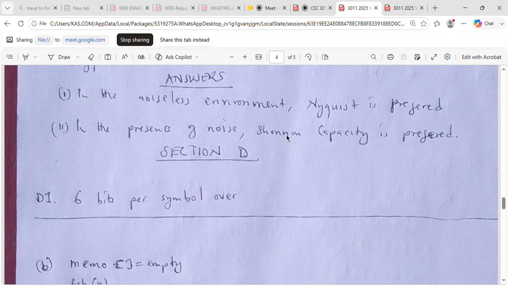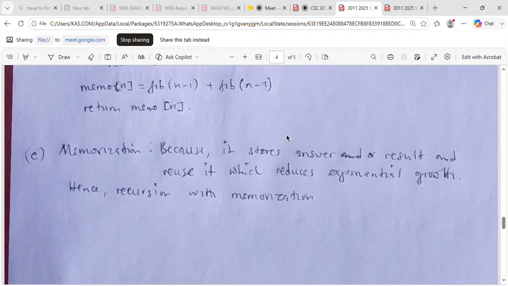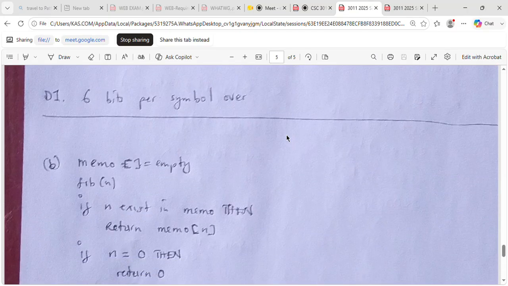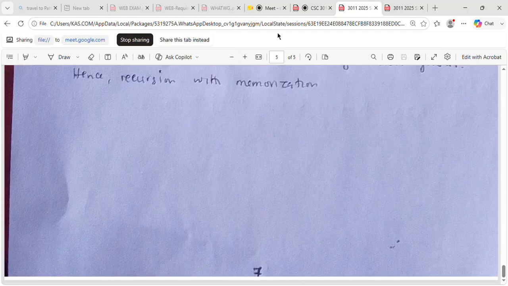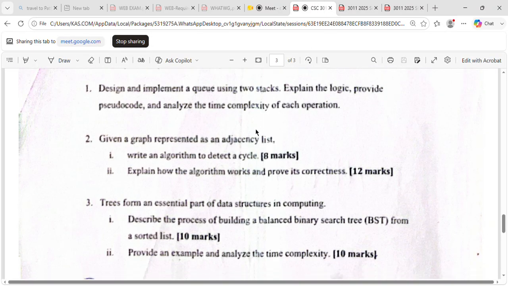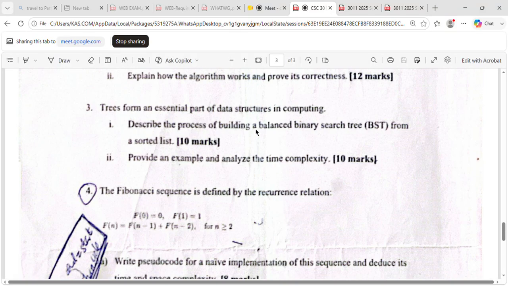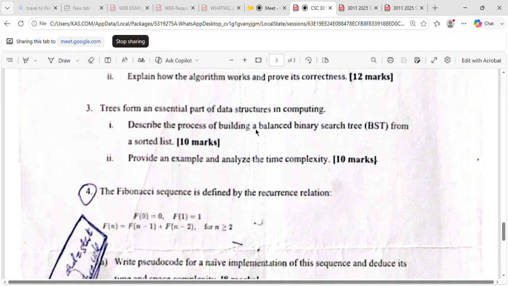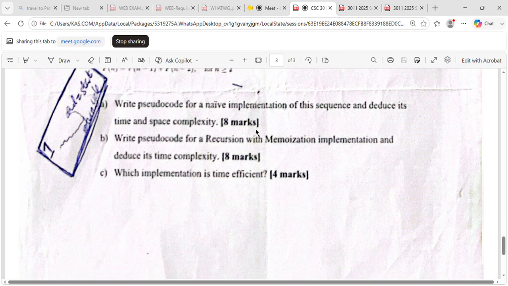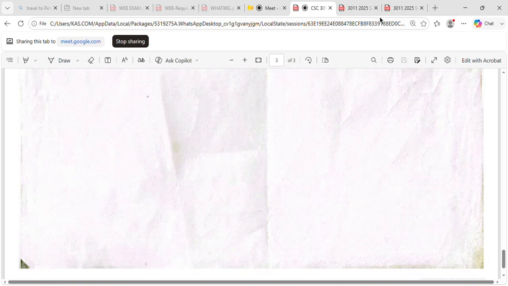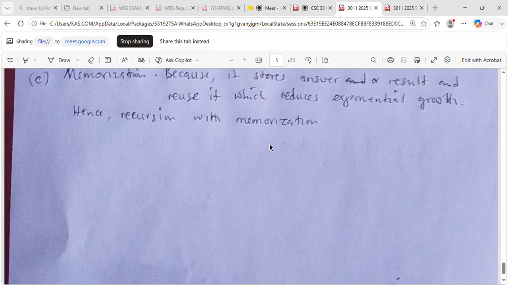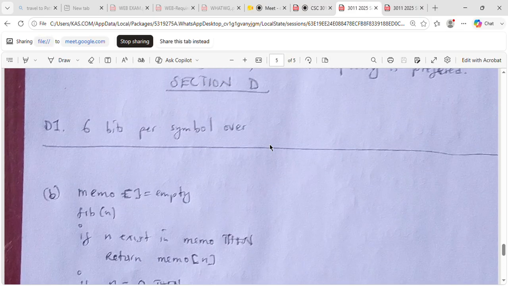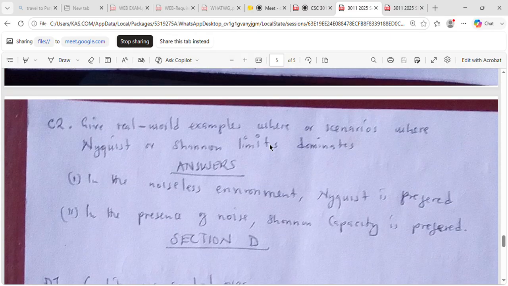Then there was also section D. This paper was very long. Let's see. Section C, 1, 2, 3, 4. But where did I get section? Oh, maybe it was D1.